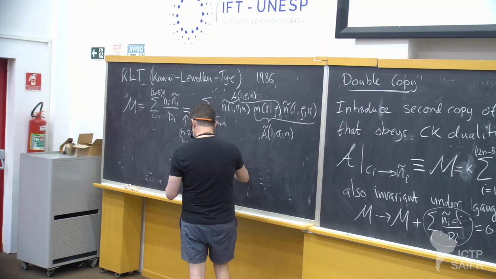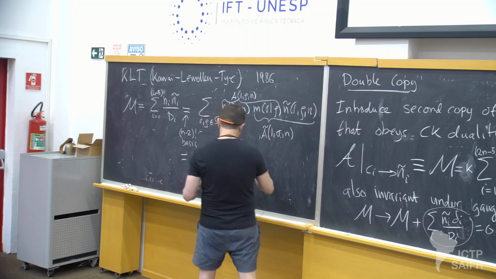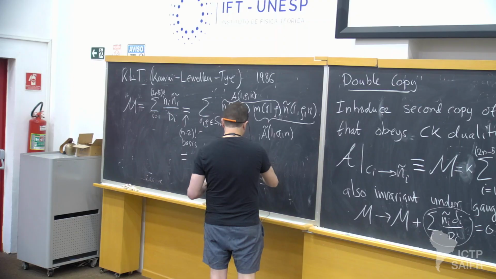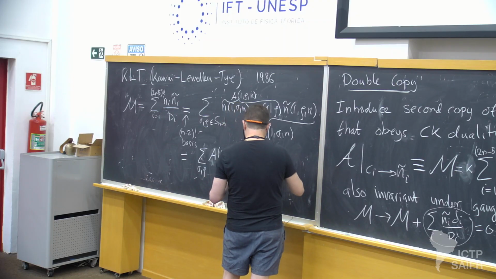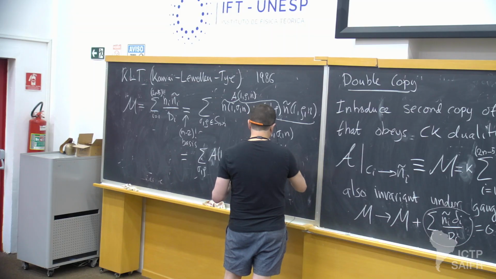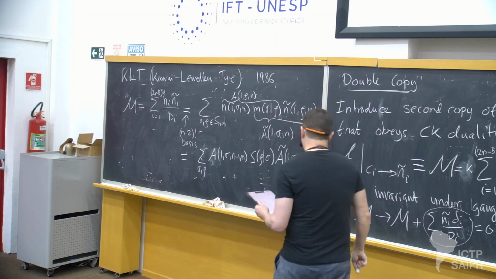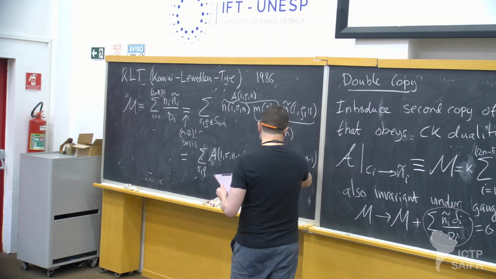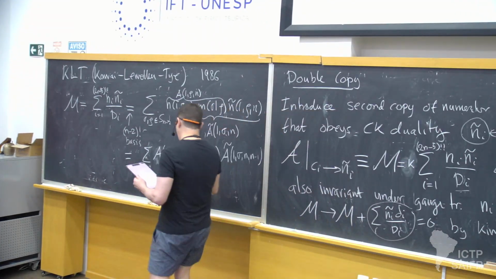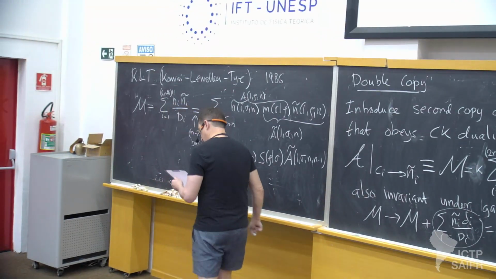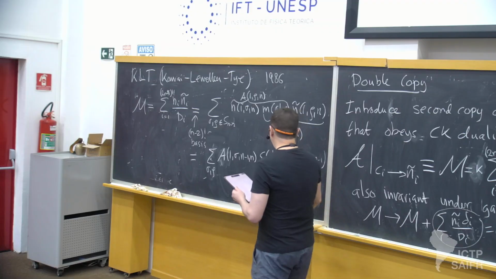So that's what I'm going to do here, and the pseudo inverse I'm going to call S. For simplicity, I also changed the ordering here, which I can always do by some Kleiss-Kuijf relations.